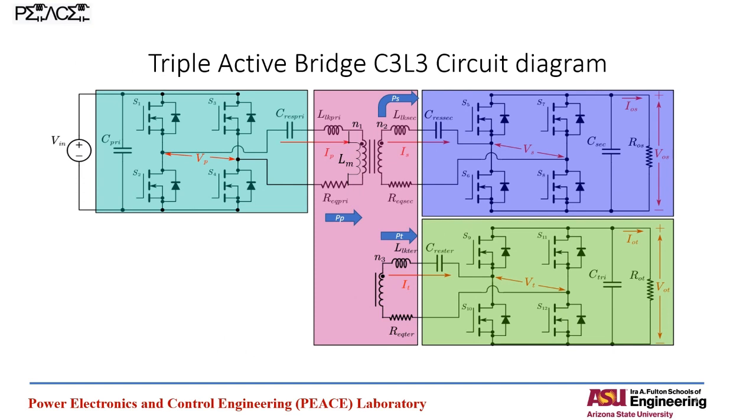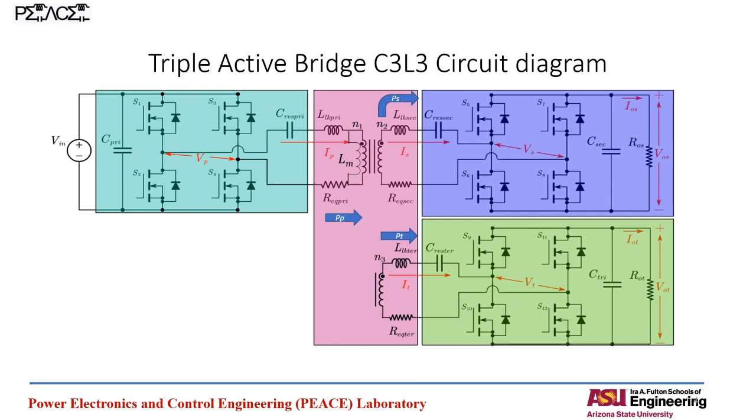Now coming down to the circuit diagram, we have three active full bridges, which generate VP, VS, and VT, and the port currents being IP, IS, and IT. As you can see from the arrows, PP is the power flowing from the primary side to the tertiary and the secondary sides. PS is the power flowing in the secondary side, and PT is the power flowing in the tertiary side.